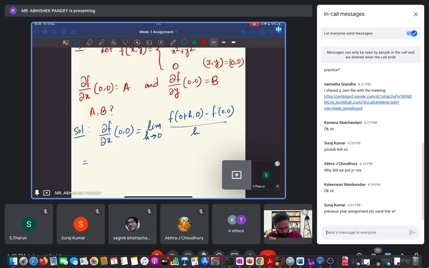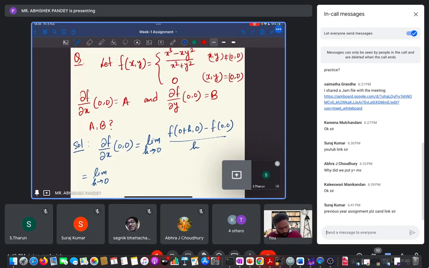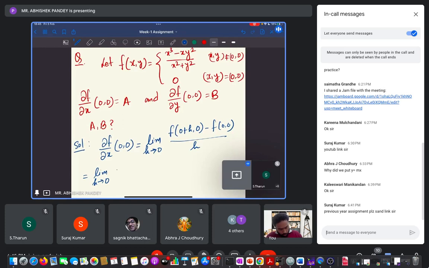So this will give you limit h tends to 0, h cube by h square, which is h only. F of 0 comma 0 is 0. So this will be h minus 0 by h. So this is nothing but 1. So a is equal to 1.